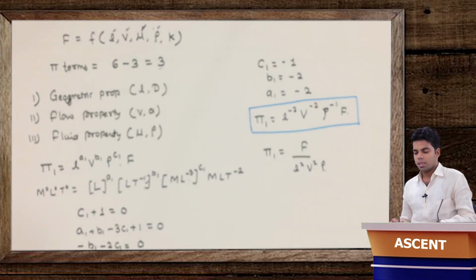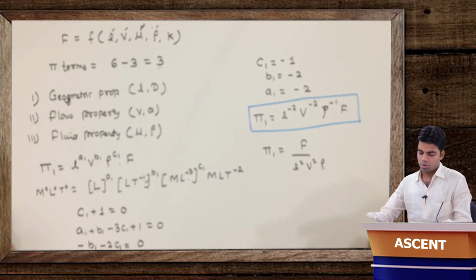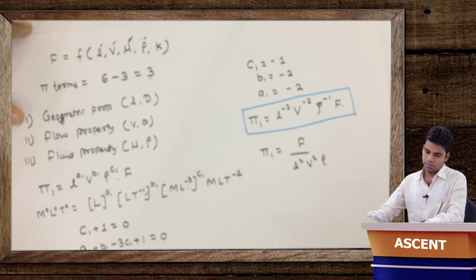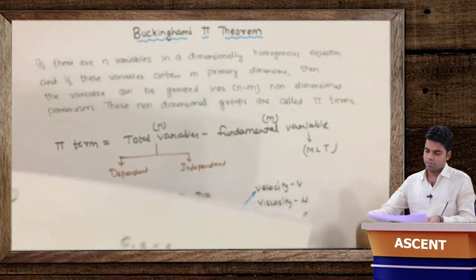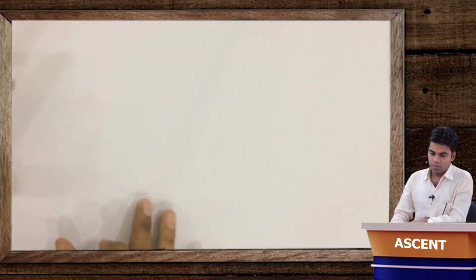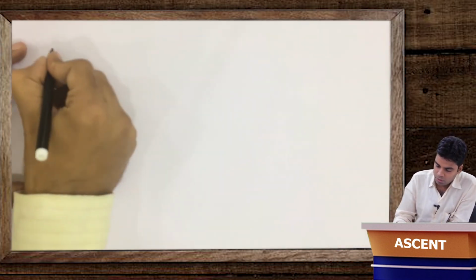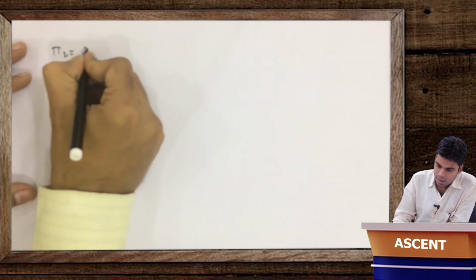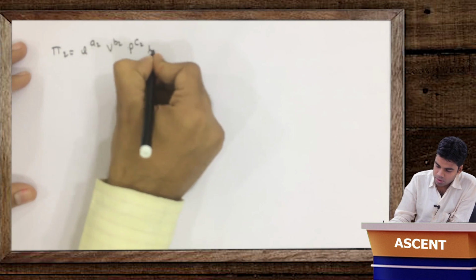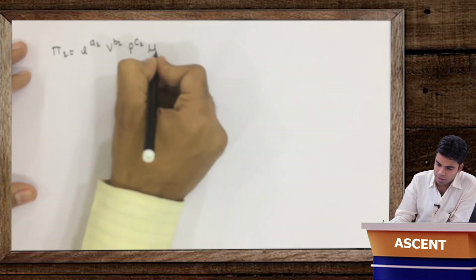In the same way we will form the other pi terms as well, pi 2 and pi 3. Similarly, pi 2 will be equal to L^a2 v^b2 rho^c2 into the fifth variable, which is mu.